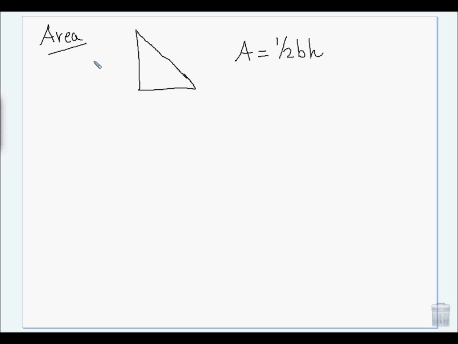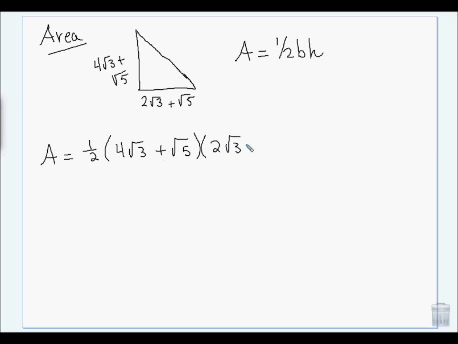And if my height is 4 root 3 plus root 5, and my base is 2 root 3 plus root 5, and I want to find the area of this triangle, so it's 1/2 of the base and the height multiplied together.